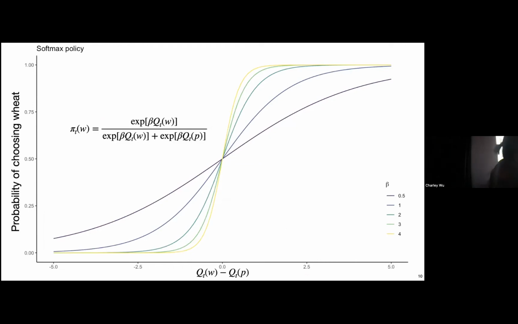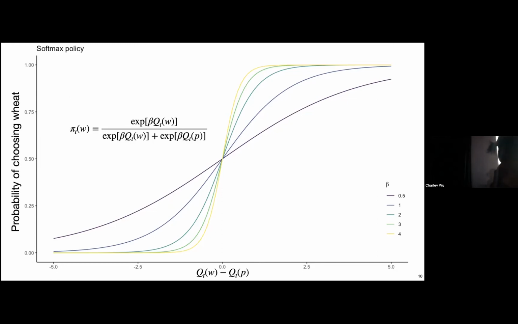The larger the beta value, the steeper this function is. The lower the beta value, the flatter this sigmoidal curve becomes. When it's completely flat, the choice is always equally random, so regardless of the Q value, you choose potato or wheat with a 50-50 chance.